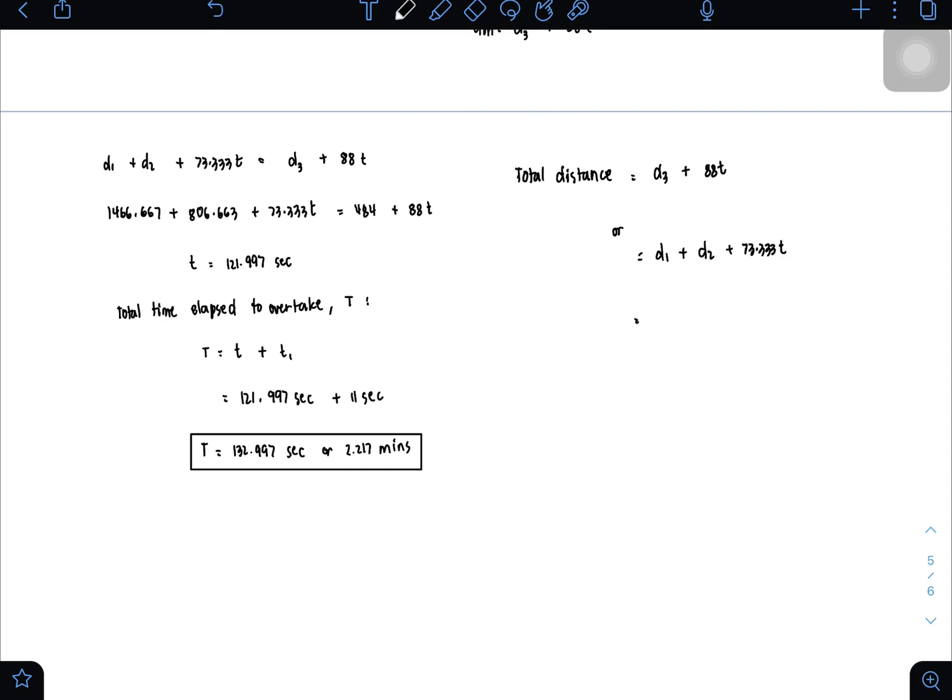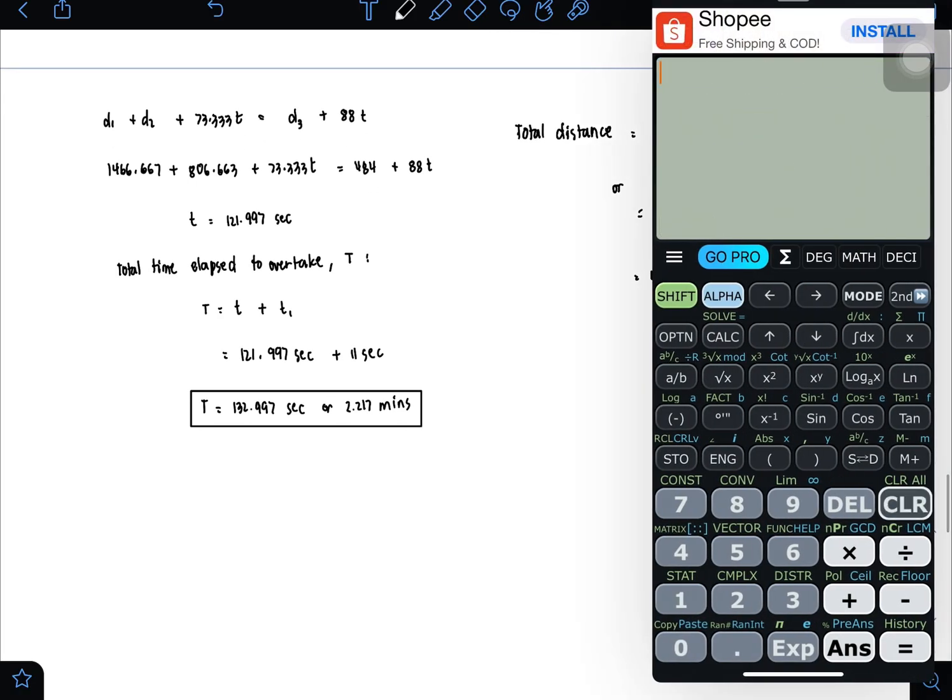So let's start with D3. How much is D3? That's 484 plus 88 times 121.997. And then the other one is this one. Let's solve.